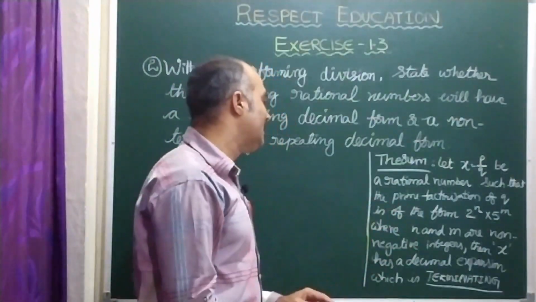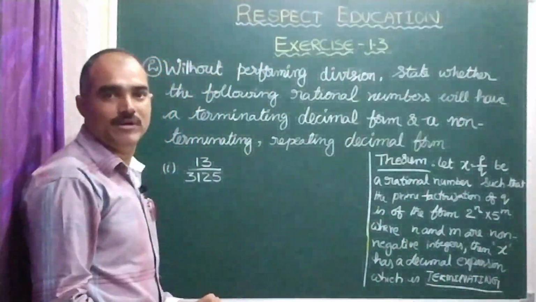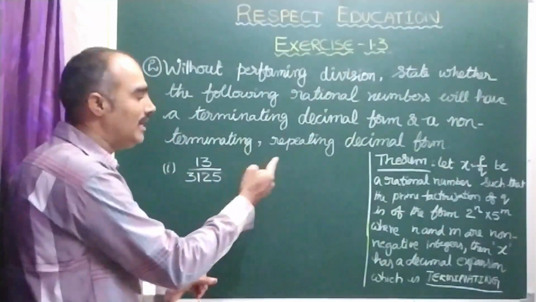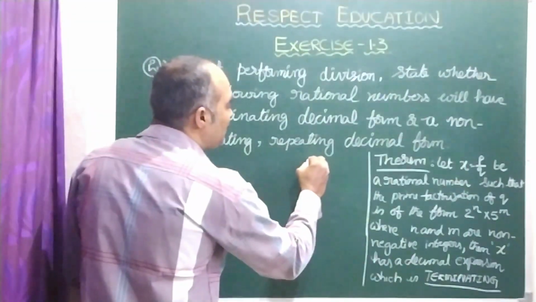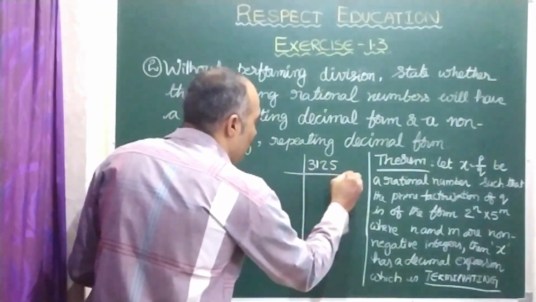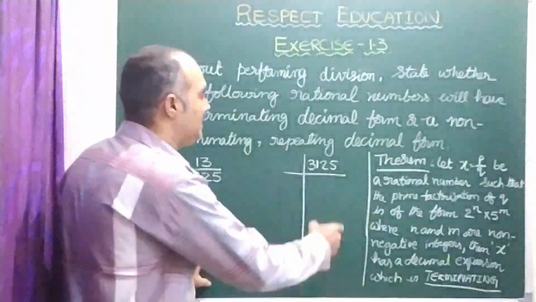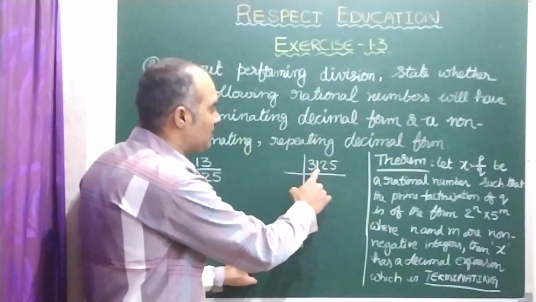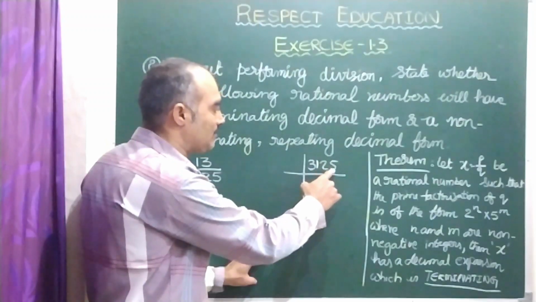Clear? Let us verify whether it is terminating or non-terminating by applying this theorem, right? So here I told you q is 3125. Let us find the prime factors of 3125. What is the least prime number? 2. But this number is not divisible by 2. So here 3: 3 plus 1 is 4, 4 plus 2 is 6, 6 plus 5 is 11.